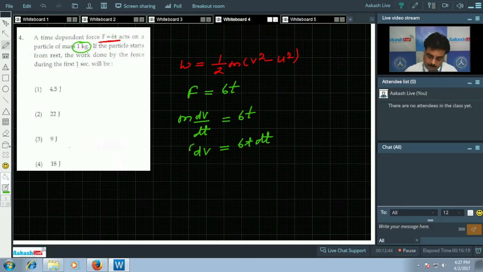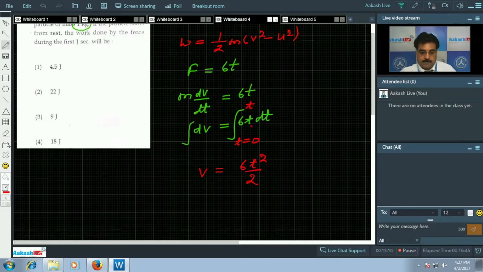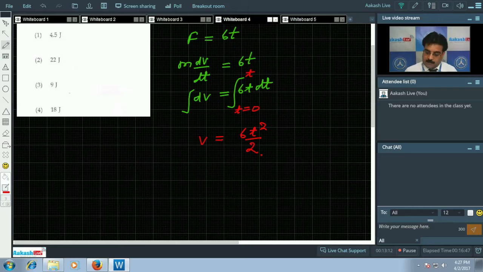If I go for integration at time t equal to 0, and what will be the value of speed? After integration you will write v is equal to 6t square by 2, so that is equal to 3t square. Am I right?